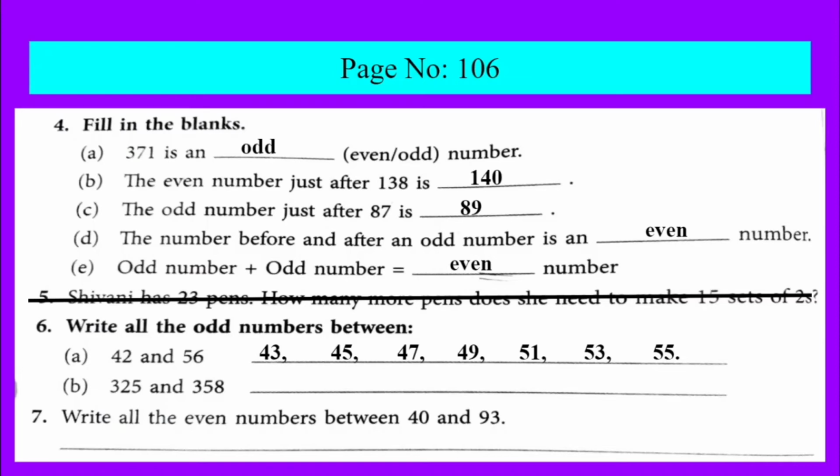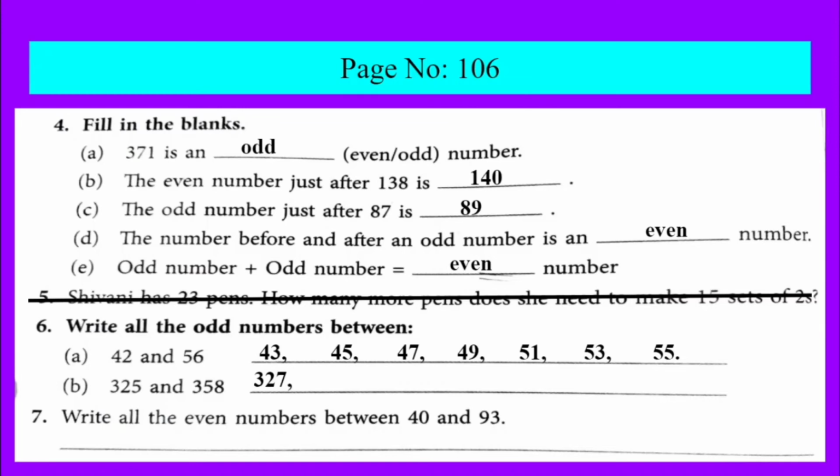Yes, 326, which is an even number, so we can't write it here. So the next number after 326 is 327, which is an odd number. So we will write 327 over here and we will start writing all the odd numbers after this.